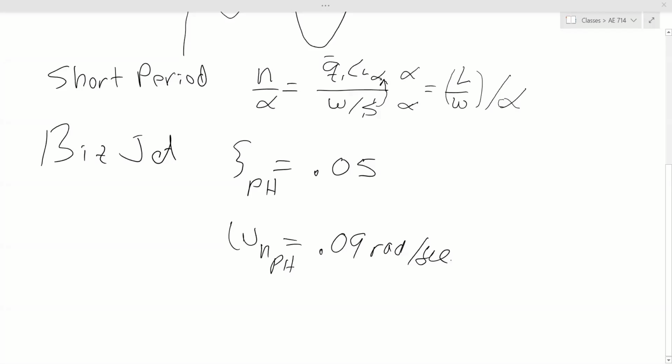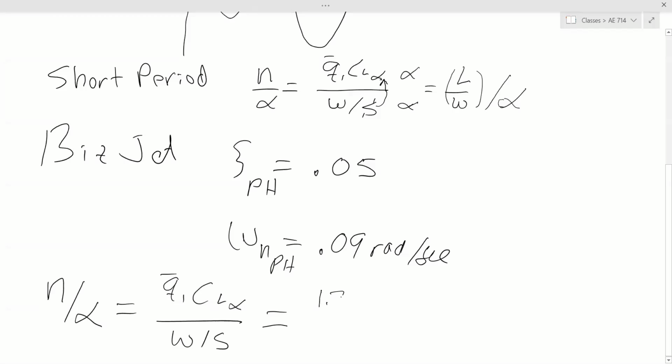All right, the next thing we need to do is calculate n over alpha, which means we have to look up the dynamic pressure for this biz jet, the lift curve slope, and the wing area and the weight. So we go back to the chart for the biz jet.